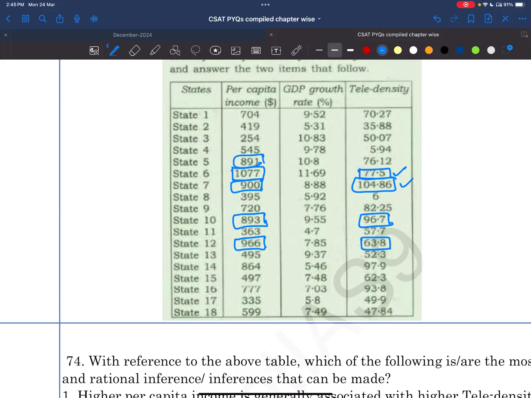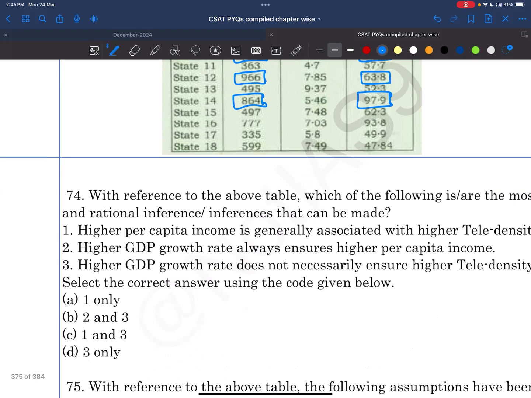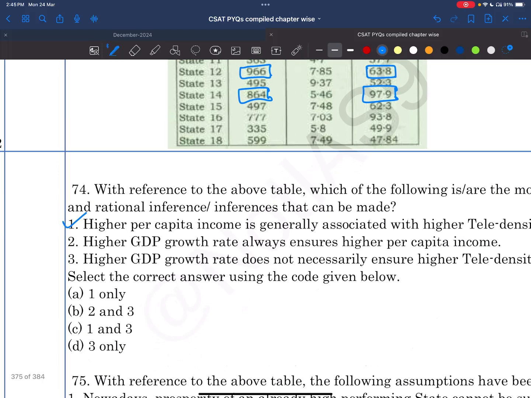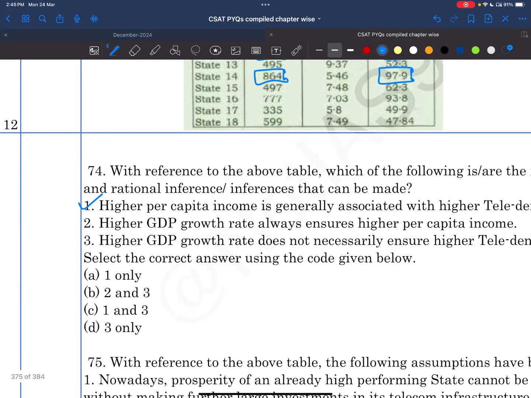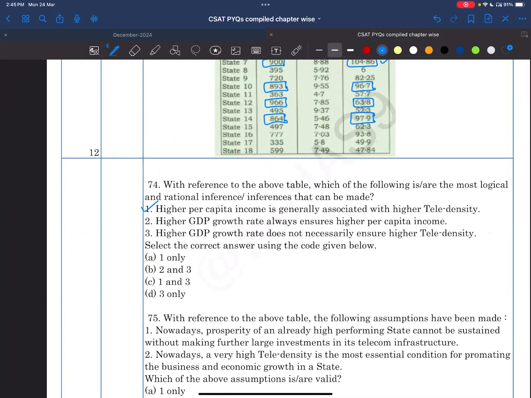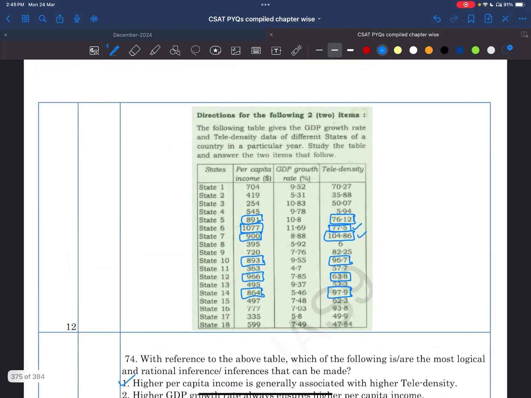See here, 891, 76. Right? Here, 864, 97. Okay. So we can take this statement as generally right. Now see, higher GDP growth rate always ensures higher per capita income. Let's check.